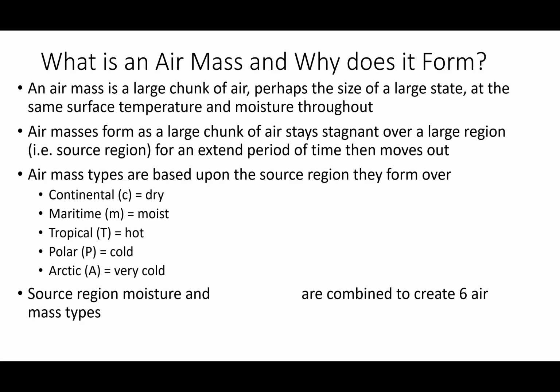So, source regions. You need to say what the moisture is: continental or maritime. Maritime means moist, and continental means dry. And then you also need to give an indication of the temperature.